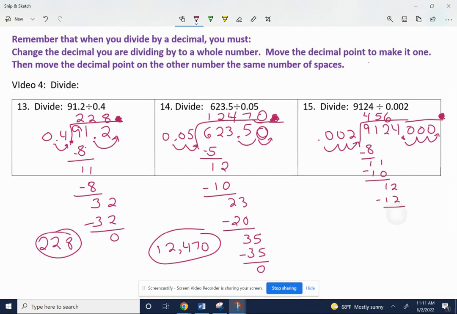So I can subtract and get 0, bring down the 4. 2 into 4 goes exactly 2 times. So I can just stick some zeros in my answer for those place values in front of the decimal point. So my final answer is 4,562,000.